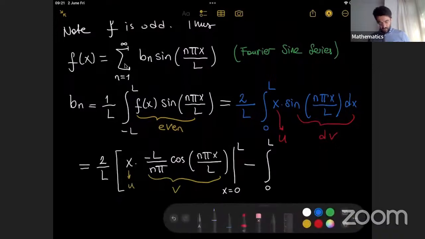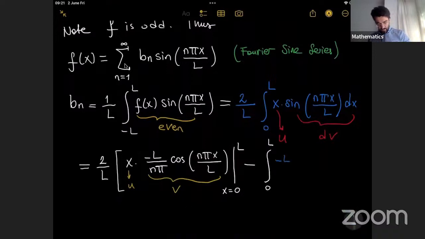So it's going to be minus L over n pi cosine n pi x over L, and v times du is dx. Okay.